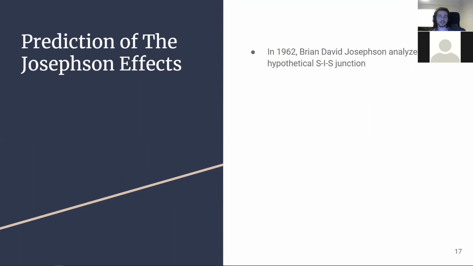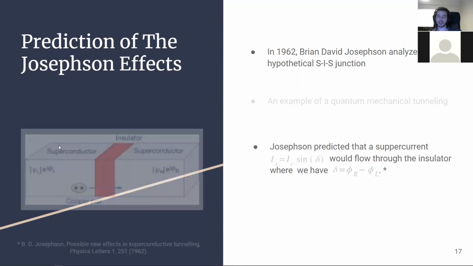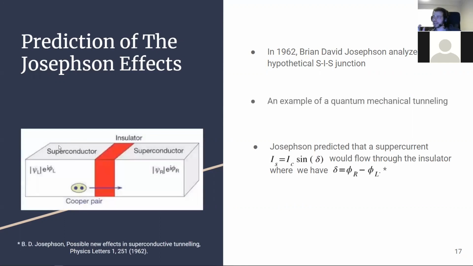If the insulator is thick, the electrons cannot get through, but if the layer is thin enough, there can be appreciable quantum mechanical amplitude for electrons to jump across. This is just another example of quantum mechanical tunneling.